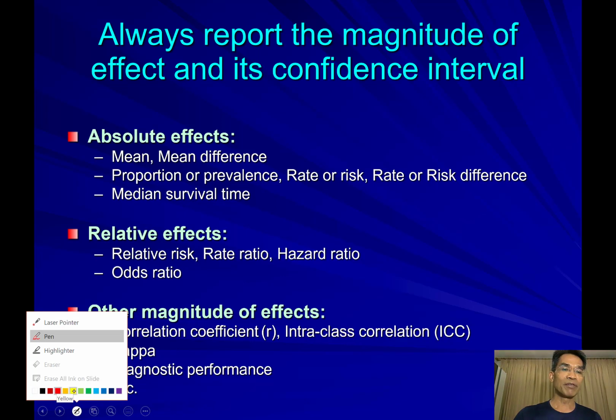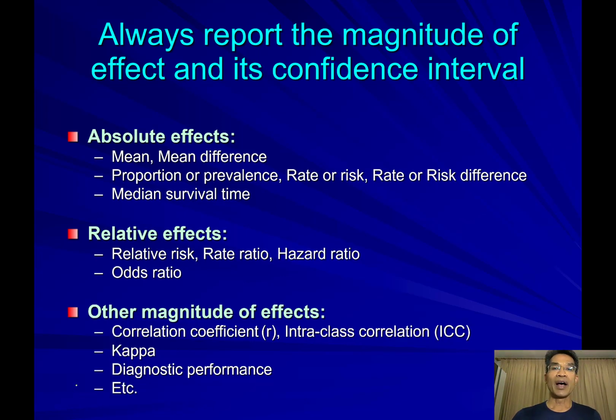For example, if you check the risk difference: if one group is about 80% cure versus another group is 40% cure, the risk difference would be 40%, right? 80 minus 40.